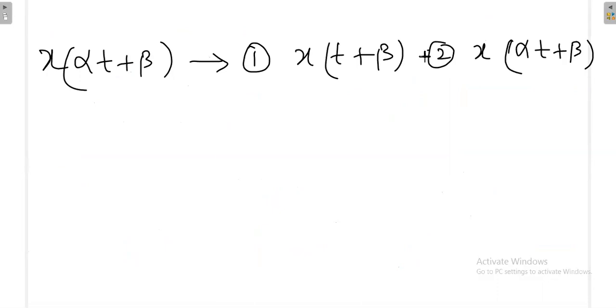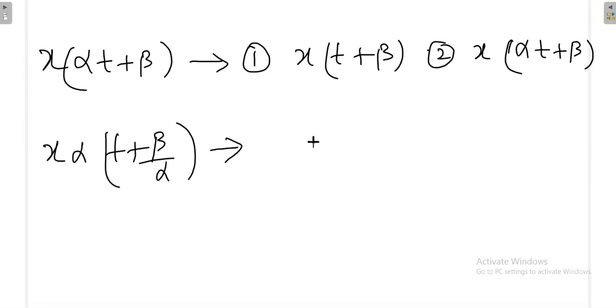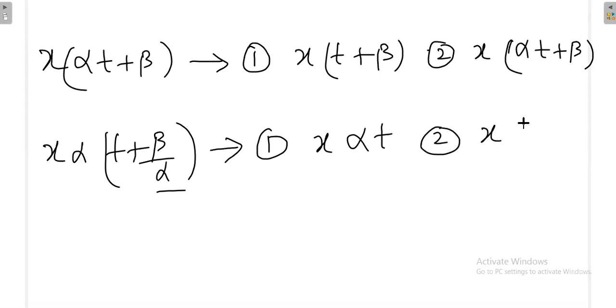If it is in this format, first you have to do alpha t, then you have to apply the shift. Then this is x of alpha, and instead of t, you have to write t plus beta divided by alpha, because the entire time axis will be shifted.